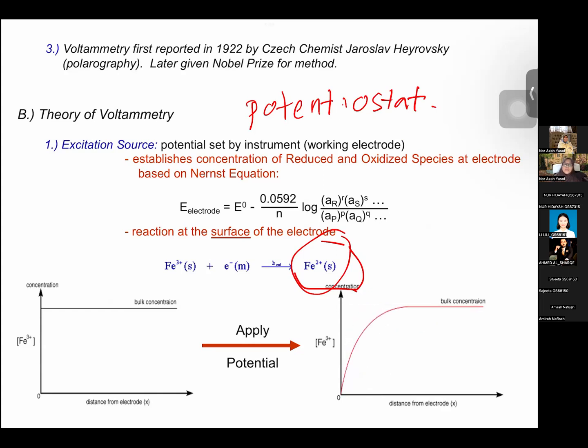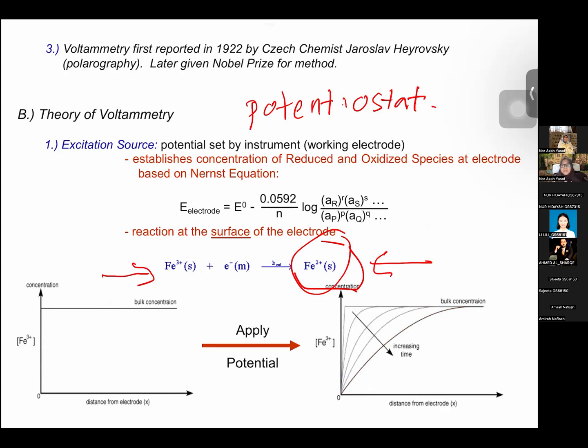Okay, so now if you look at this reaction, ferrum 3 plus is being reduced because it receives electrons, producing ferrum 2 plus. You can see the oxidation number reduced from 3 plus to 2 plus.